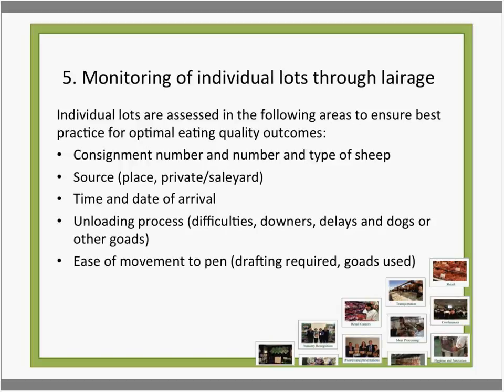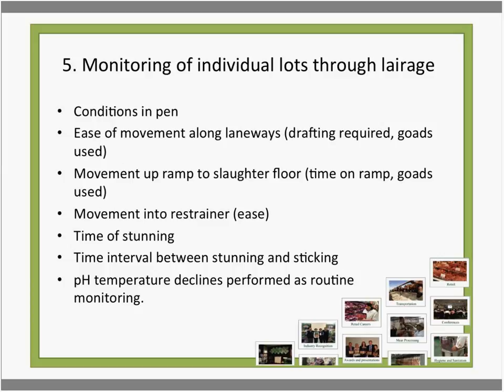So if you're regularly monitoring these areas around the consignment and the time that they're arriving, their transport time, the transporter and unloading, and how easily the animals move through the pens and up the ramps to slaughter, and the slaughter times and stun intervals.